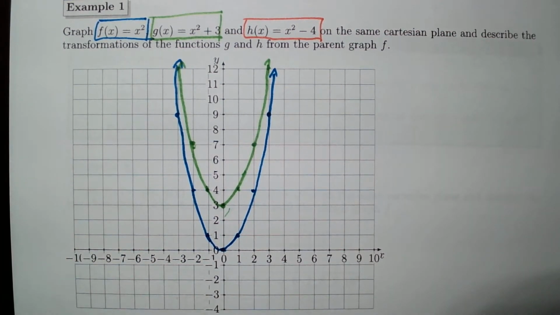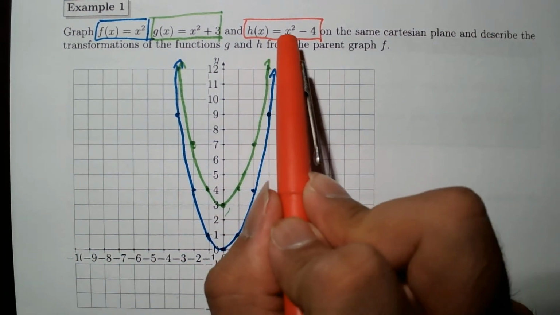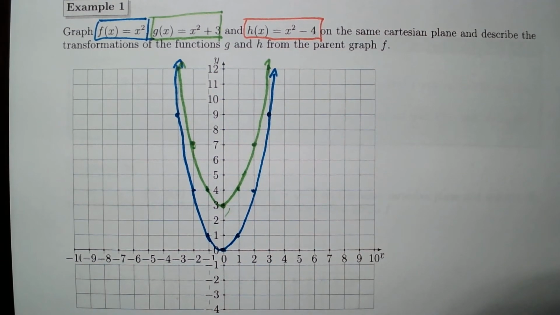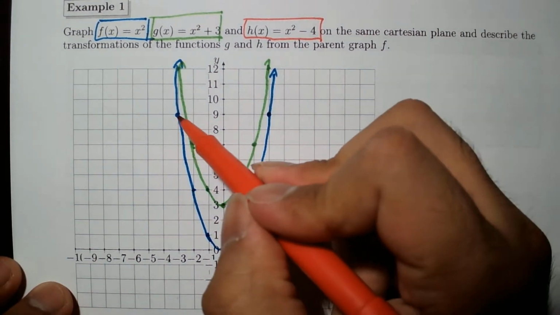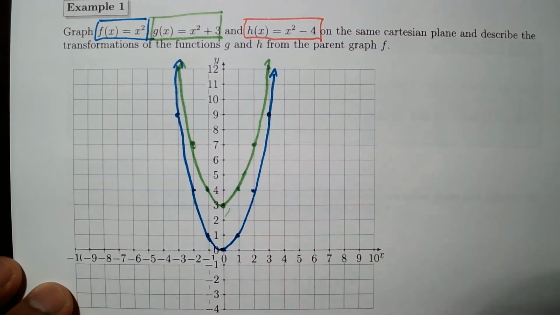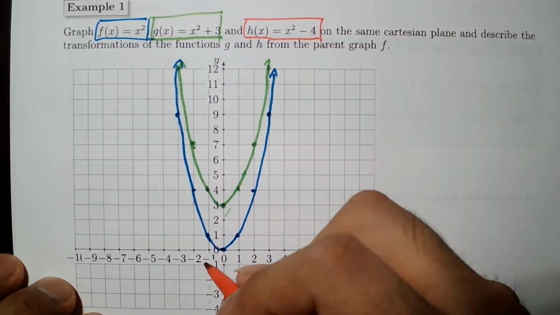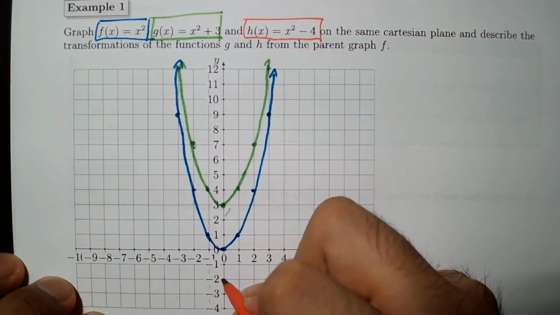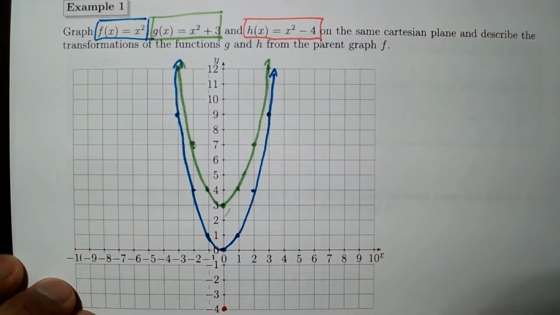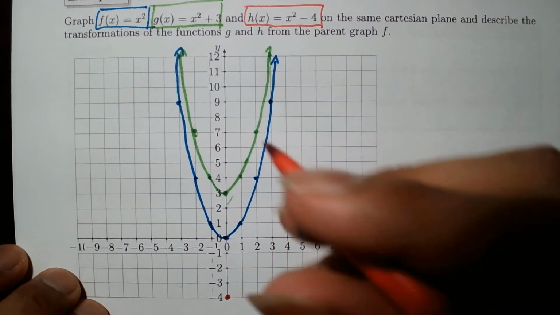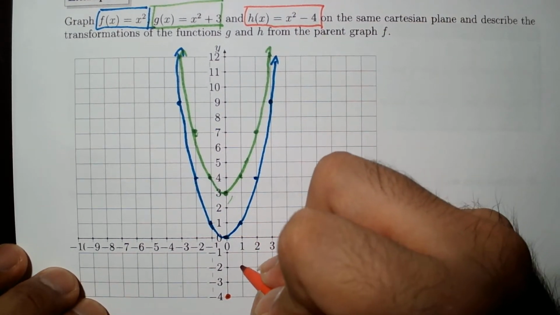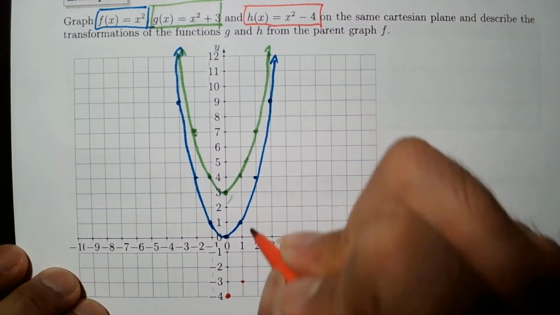I'm going to do the same, but now for h of x equals x squared minus 4. Every single key point, 1, 2, 3, 4, 5, 6, 7 points, I'm going to shift down 4 units. So this origin, I'm going to move it 1, 2, 3, 4 units. And then another 4 units for the point 1, 1.